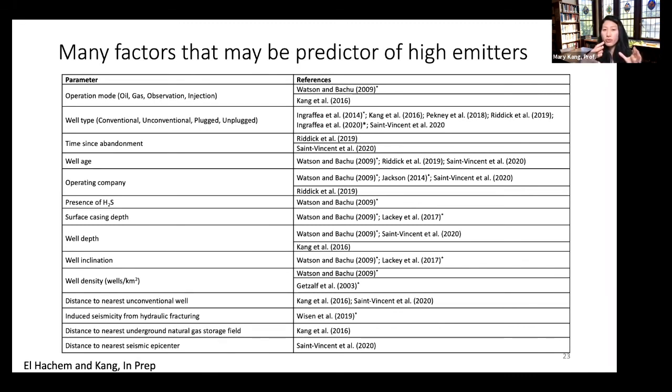Even in a given field, where all the wells should be of the same vintage and the same kind of technology, you could still get a huge variation in integrity. If you measure methane emissions, you get orders of magnitude variation. Also, in a given field, if you have one that's plugged and one unplugged, you get a very different number. So yes, that is a possibility, and it requires looking into in more detail.